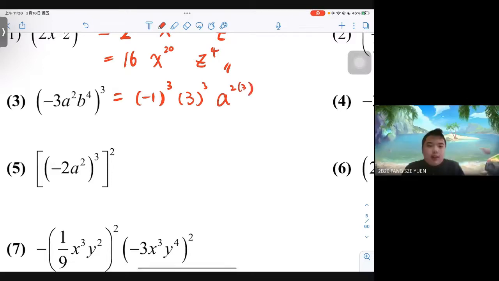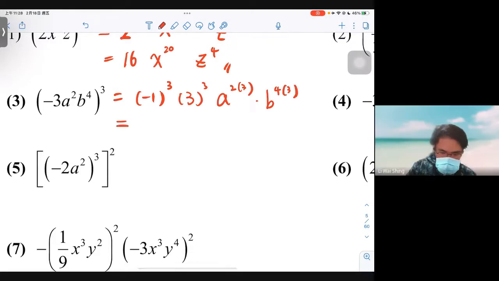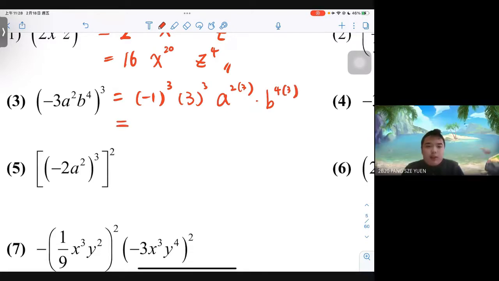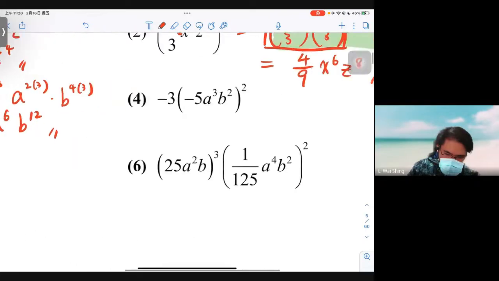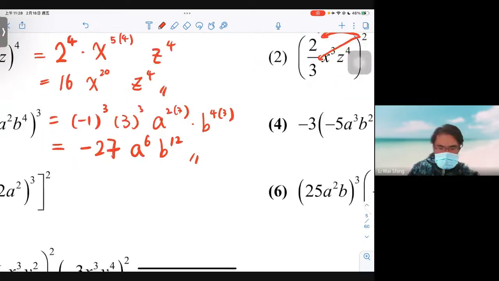Then B to the power of 4 times cube, times a 3. So what is the final answer? Minus 27 a to the power of 6, b to the power of 12. Very good. So all of you know how to do that.